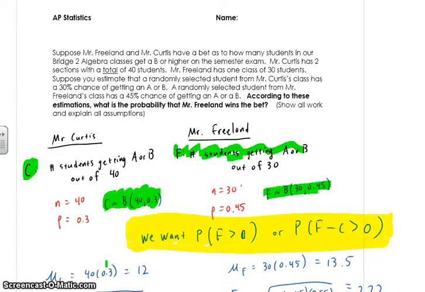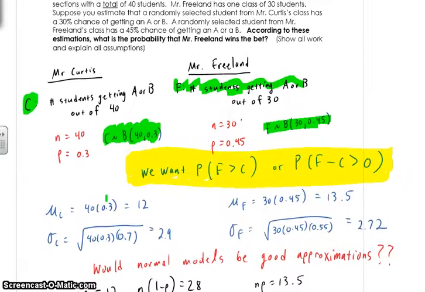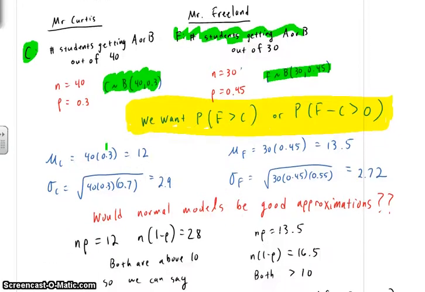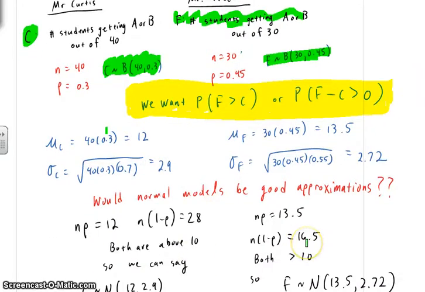However, we might see if a normal approximation will be reasonably accurate for both binomial models. First, I found the means and the standard deviations of each binomial random variable. Then we check to see if a normal model is a good approximation. This is a necessary step.